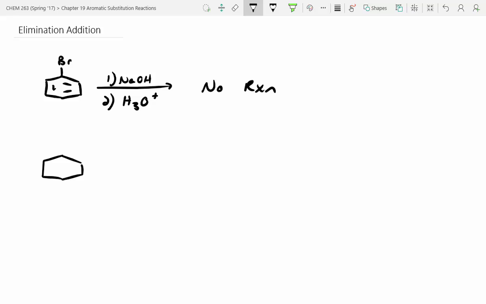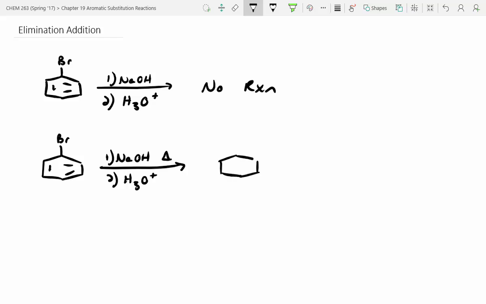And let's say I just hit it with a hammer and just really, really crank up the heat. This reaction will work. However, it requires very, very high temperatures and is somewhat impractical. And I'll explain why it works later.